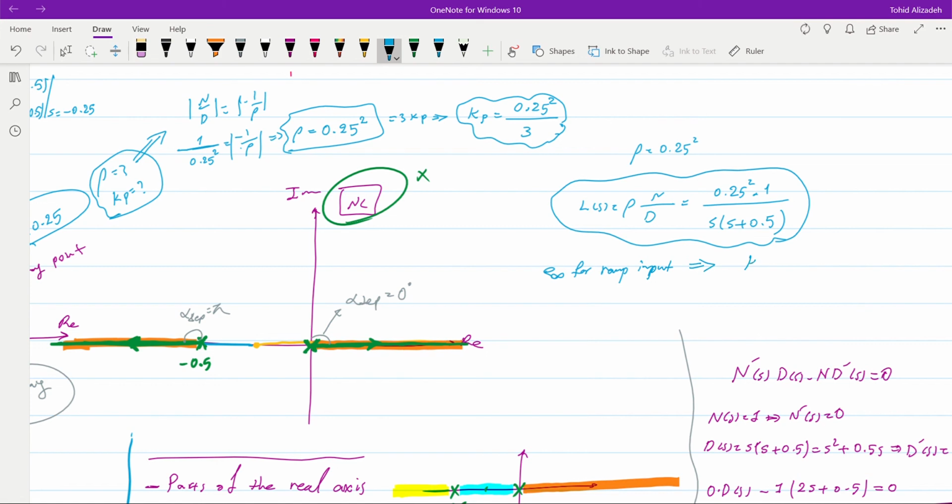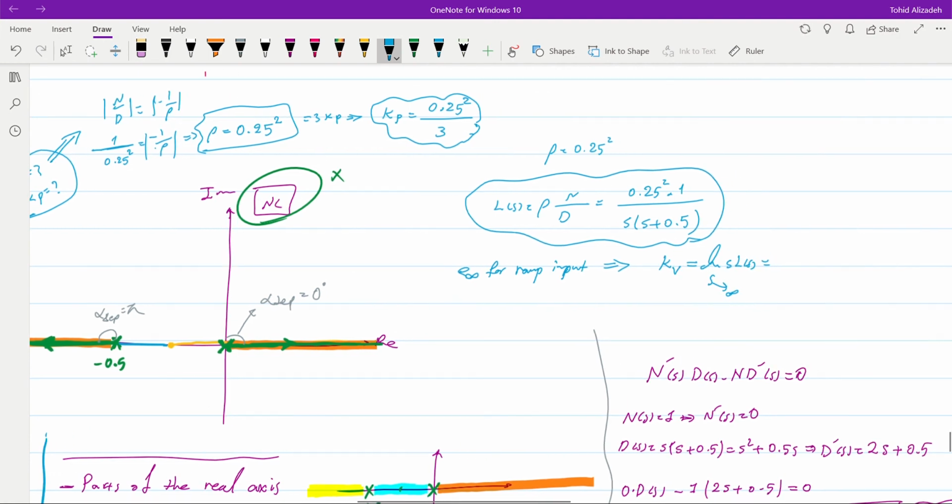We need to find out Kv first. So Kv will be equal to limit of S times L of S as S goes to 0, and this will give us 0.25 squared over 0.5.